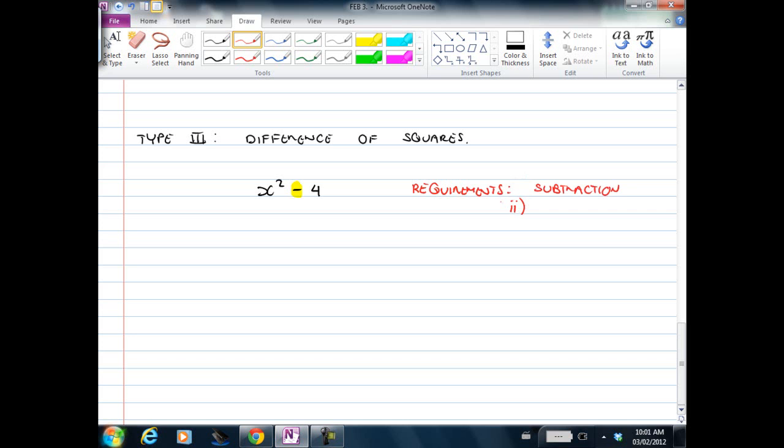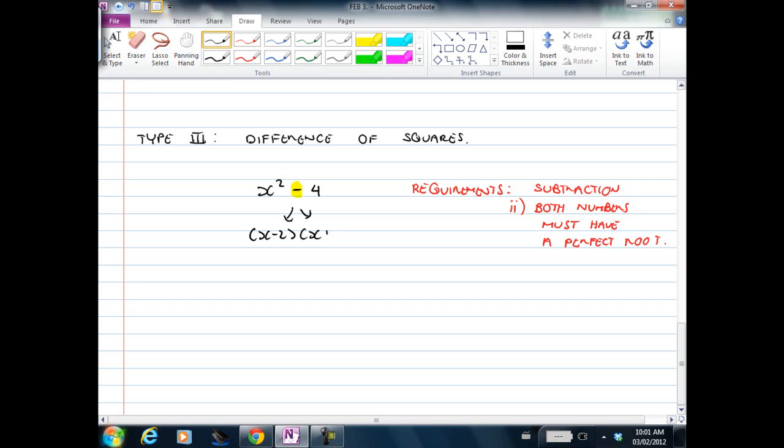Requirement number two, both numbers must have a perfect root. Perfect root means my number terminates. There's no exceptions. If my conditions are met, you can break this down into (x minus 2)(x plus 2).